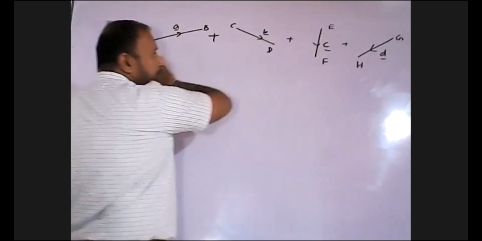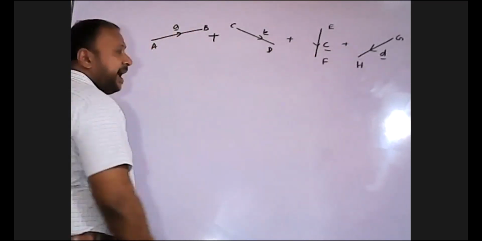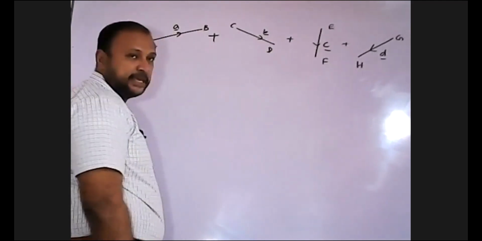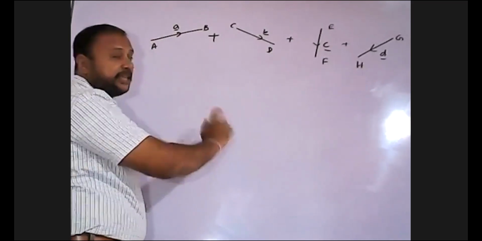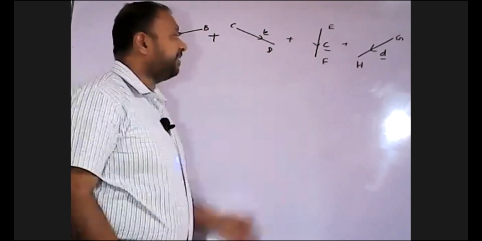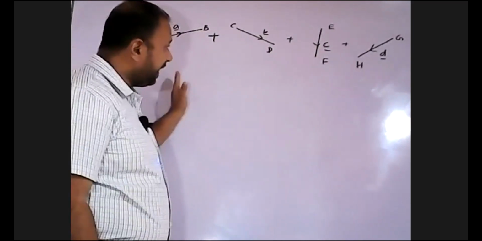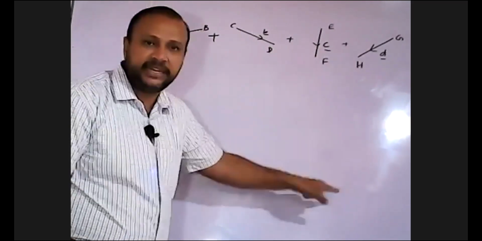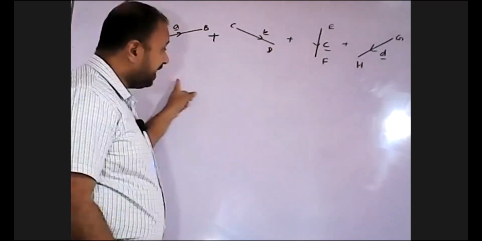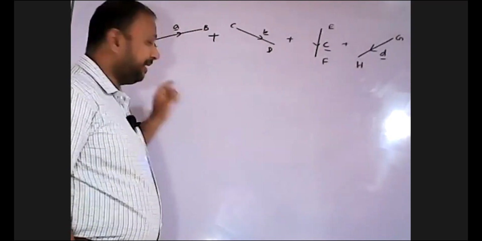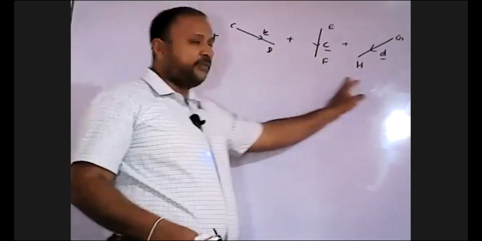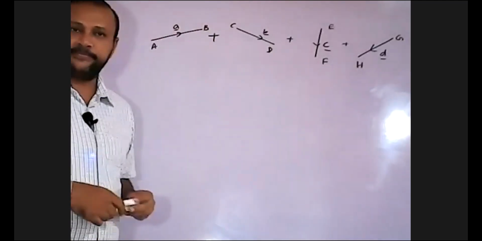Then I can replace all these three vectors and consider that resultant vector, A plus B plus C. To that vector, I can add the fourth vector and get the resultant vector of A plus B plus C plus D. That means the resultant of all these four vectors.